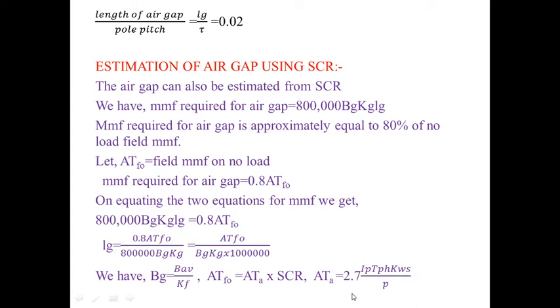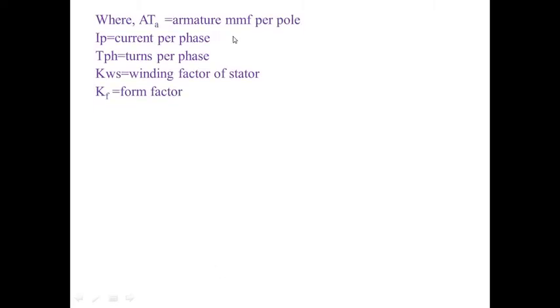So that is the ATA value, where ATA is the armature MMF per pole, IP is the current per phase, TPH is the turns per phase, kWs is the winding factor of stator, and Kf is the form factor.